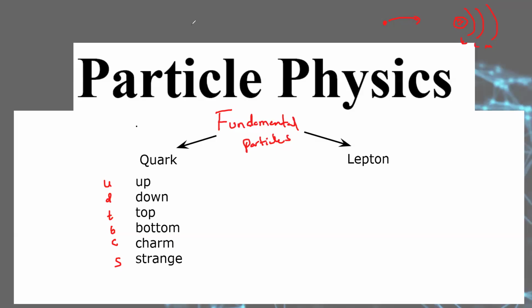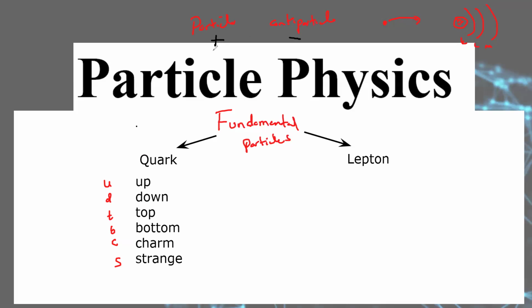What is the difference between a particle and an antiparticle? The major difference between a particle and an antiparticle is the charge. They carry opposite charges. For example, if a particle carries a positive charge, what will be the charge on the antiparticle?